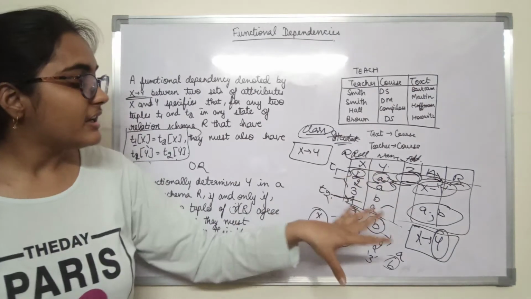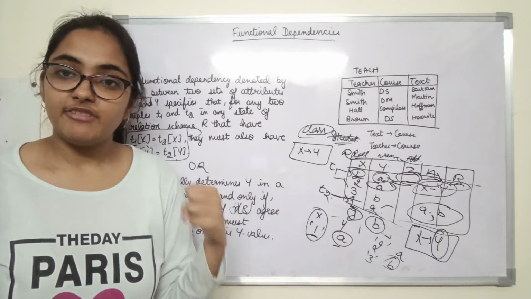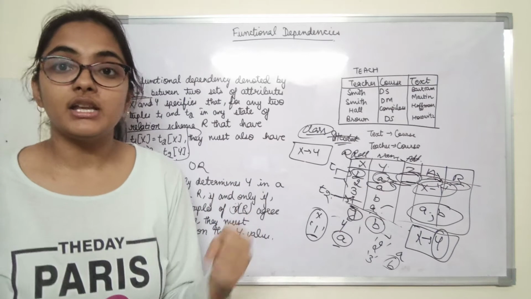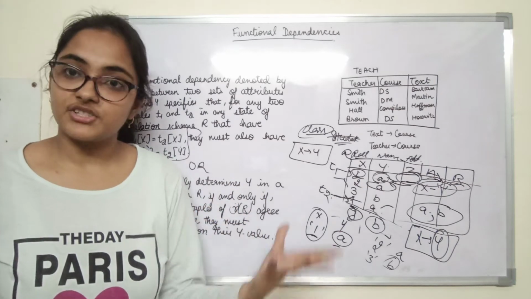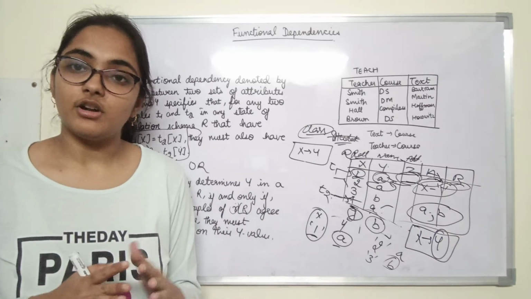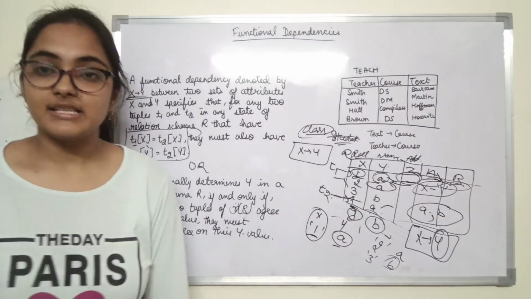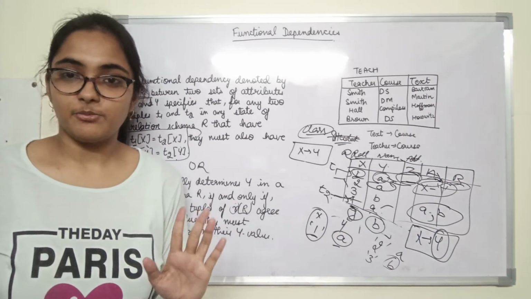So if any relation instance of a particular relation schema follows the functional dependency constraints that are specified on a particular schema, then it is called a legal relation state, right? Also, a functional dependency is a property. Keep writing whatever properties I'm saying.